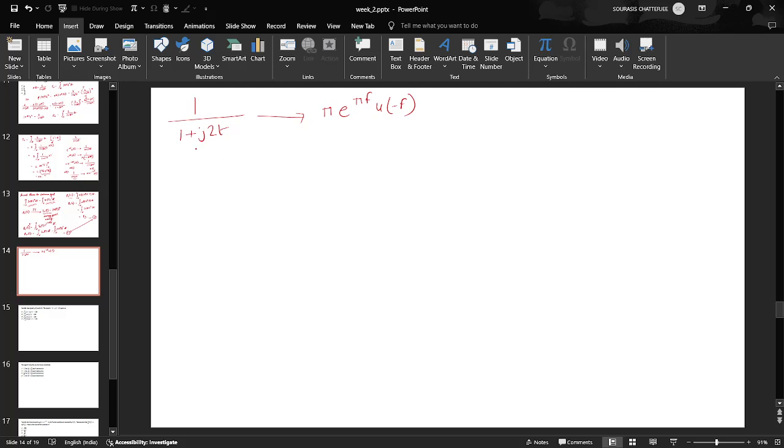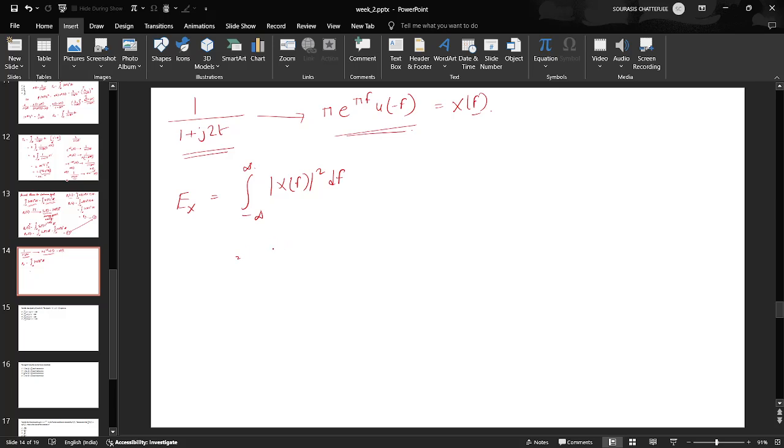So how can we obtain the power or energy of this from the Fourier transform? This energy here can be obtained by integrating, let's say X of f, we have to integrate the absolute value of X of f over the entire spectrum, that is minus infinity to infinity.